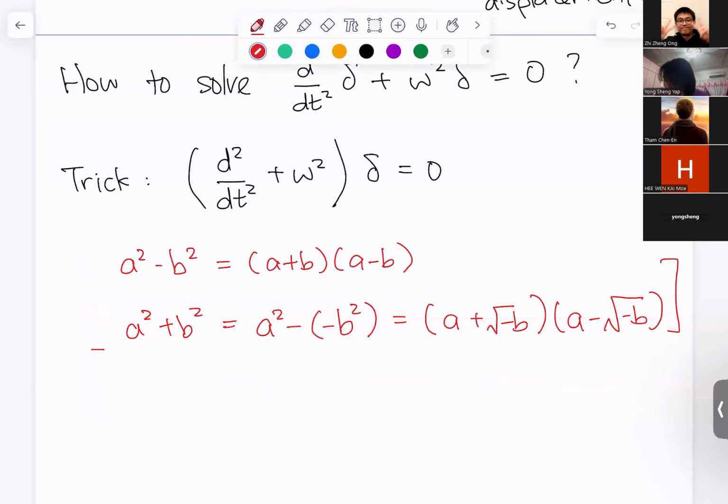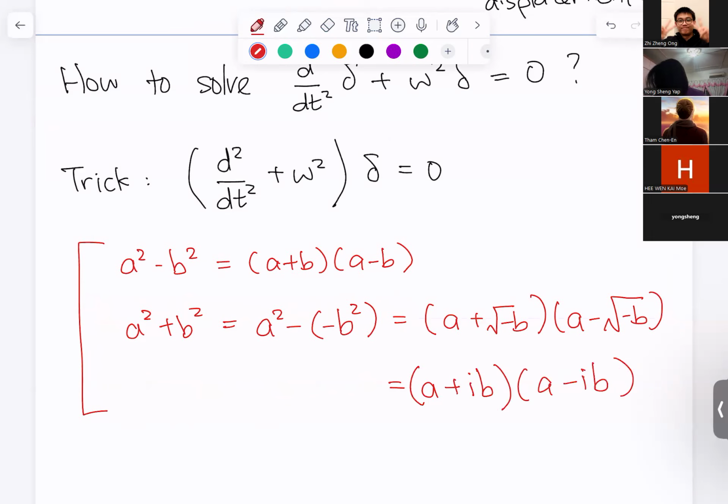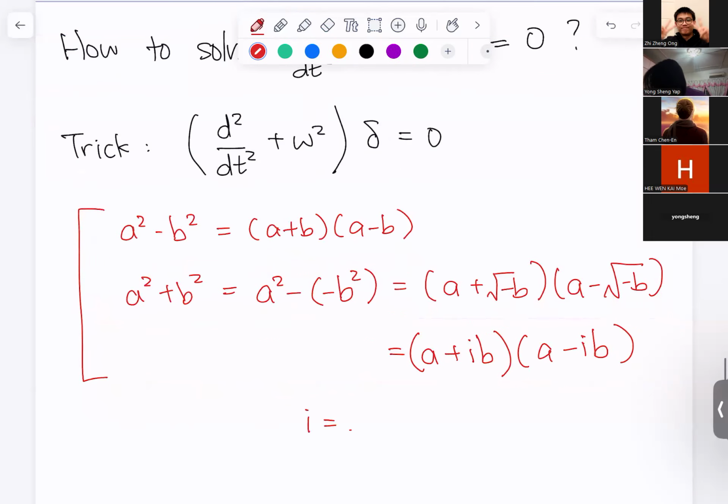And I again don't know if Susan told you about complex numbers, but maybe, and I don't know how current high school teachers teach you, but this is basically a plus ib, a minus ib, where i is equal to the square root of minus 1. Okay, hoorah.